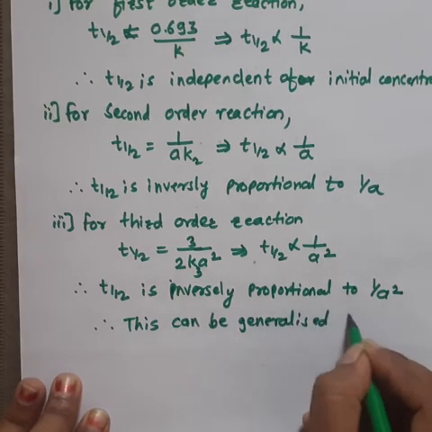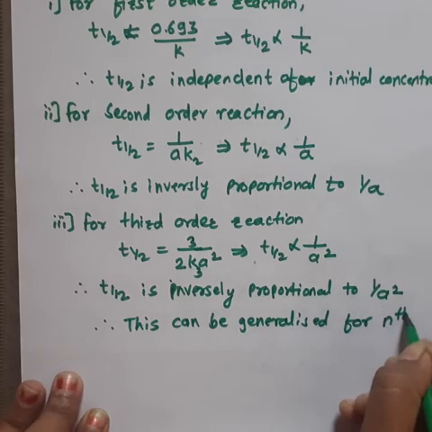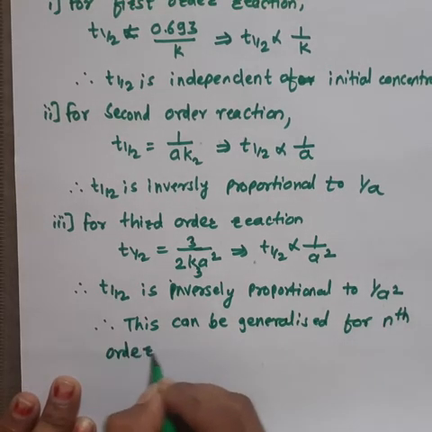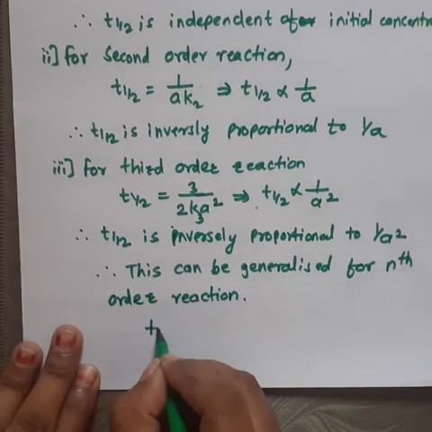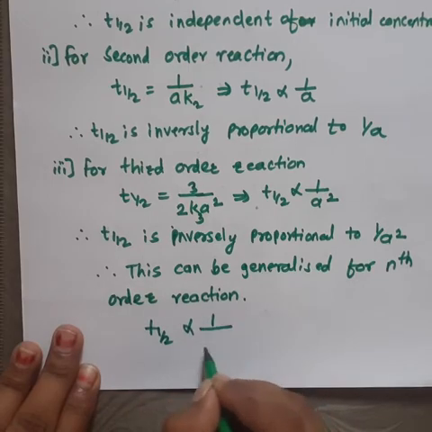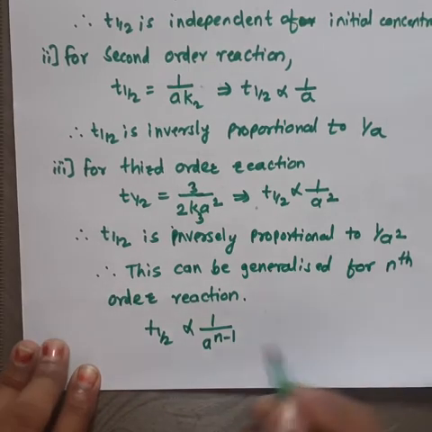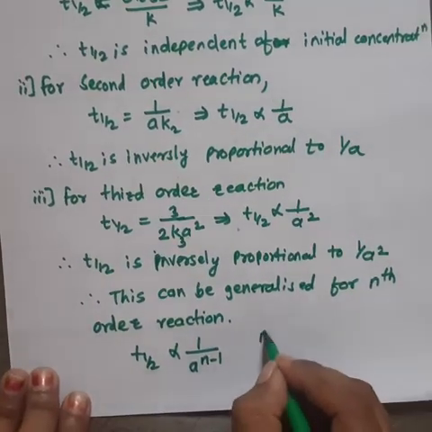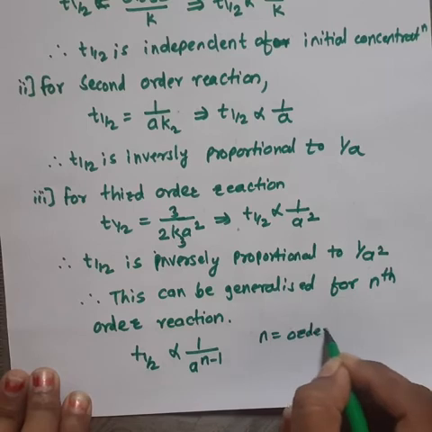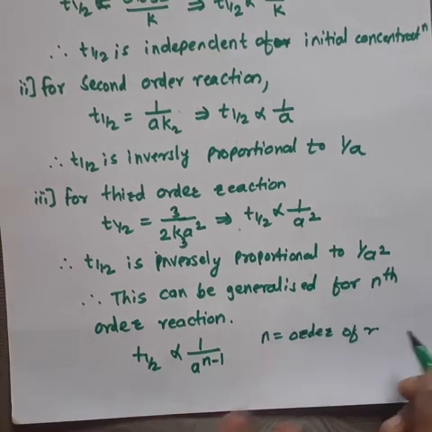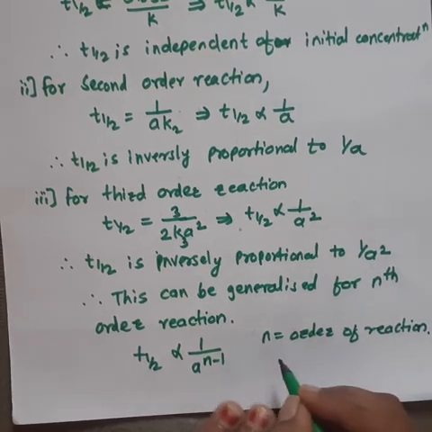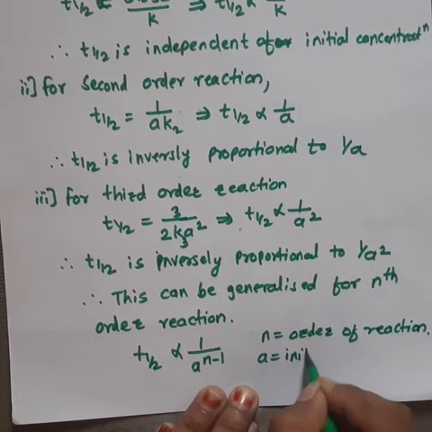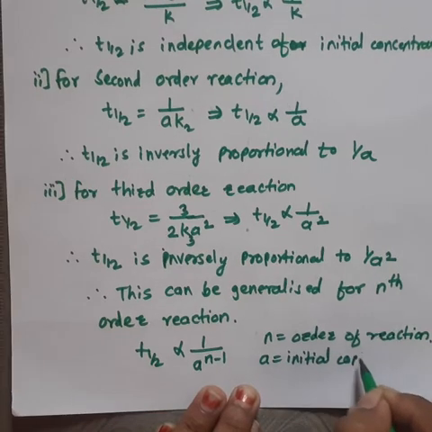Therefore, this can be generalized for an nth order reaction. For an nth order reaction, T half is proportional to 1 upon A raised to n minus 1, where n is the order of reaction and A is the initial concentration.